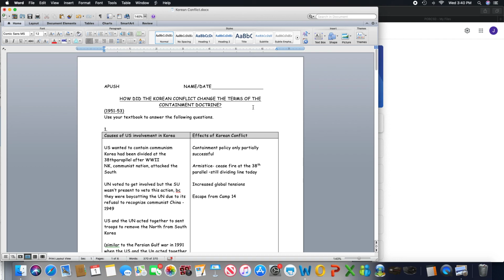We see the Berlin airlift, where we sent in supplies to West Berlin to prevent its takeover by the East. But we never sent troops anyplace. But this Korean conflict now means that the United States is willing to send troops into conflict to fight communism. Okay, so that's a shift in containment.